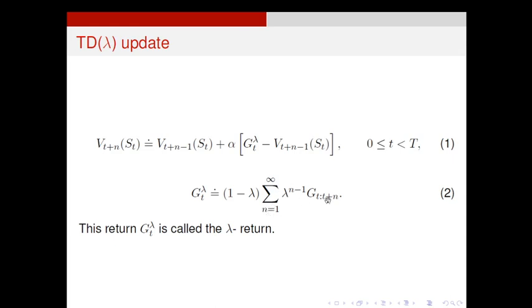That is expectation. My aim is to convert this sigma into the form of an expectation, which is a statistical measure. In short, this lambda return is the expected return with some weighting.